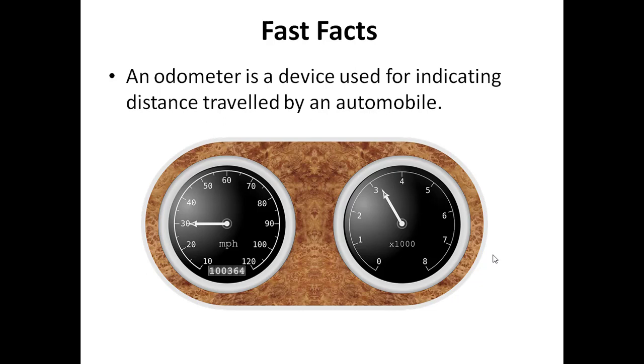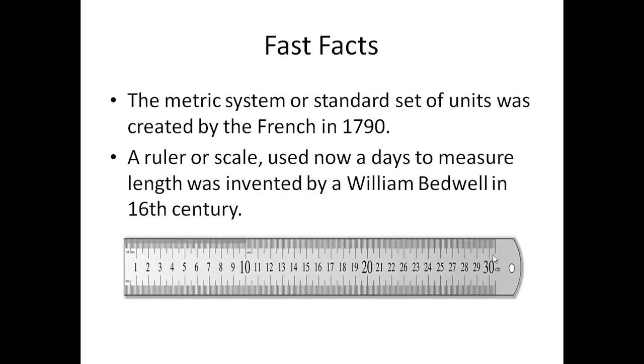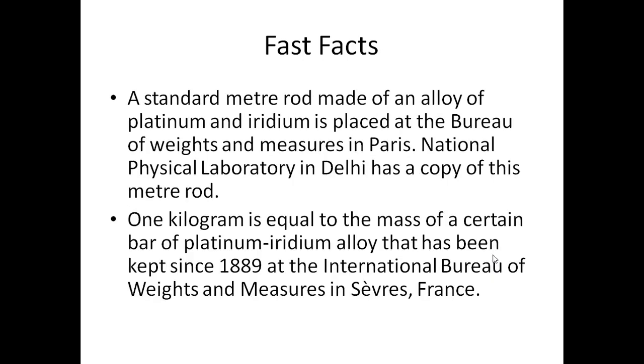Fast facts. An odometer is a device used for indicating distance traveled by an automobile. The metric system or standard set of units was created by the French in 1790. A ruler or scale used nowadays to measure length was invented by William Bedwell in 16th century.